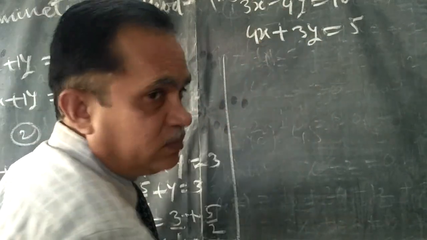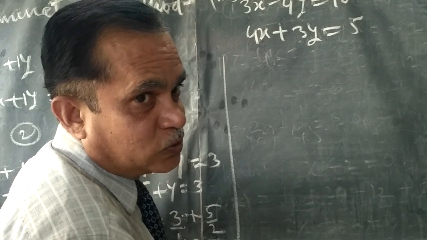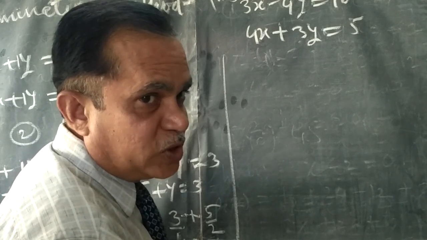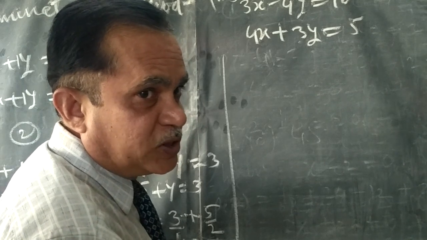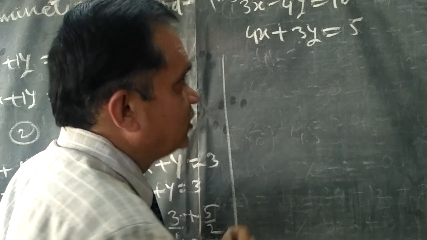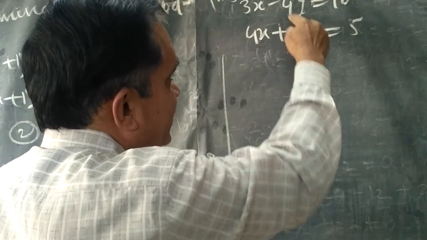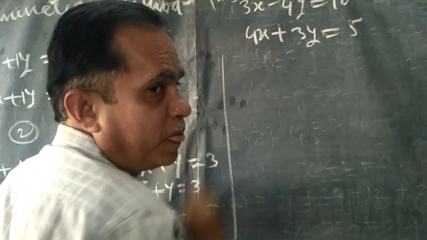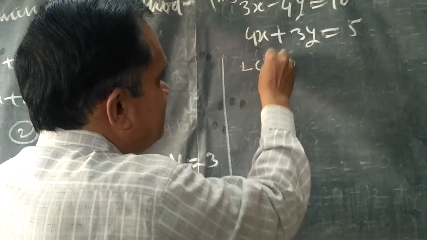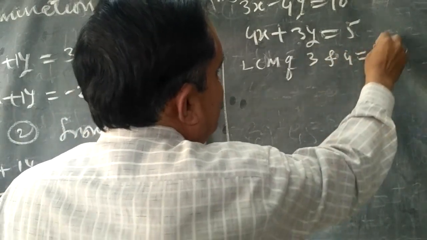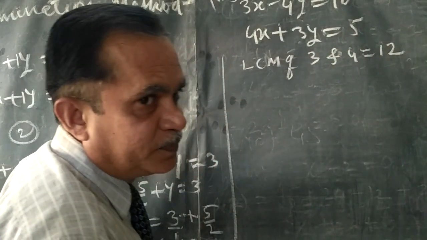Don't take the sign. Should we make the coefficient of x equal or of y equal? Let us make the coefficient of y equal. Then find the LCM of these coefficients of y. LCM of 3 and 4 is 12.